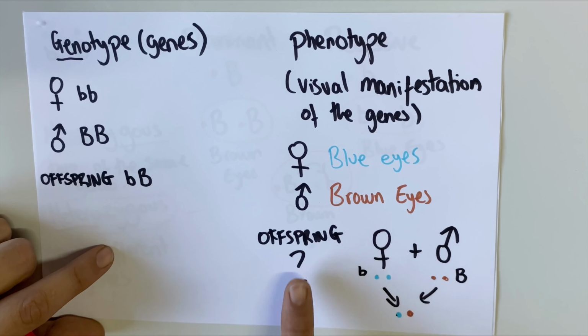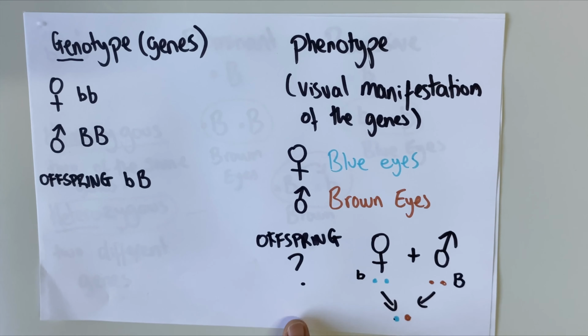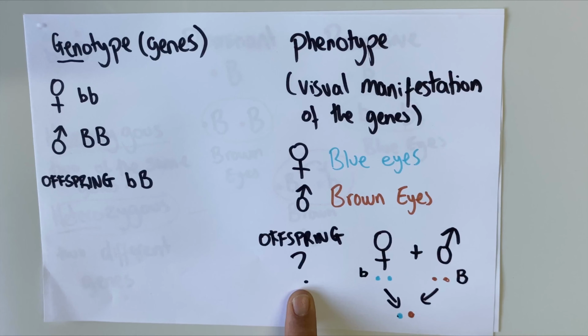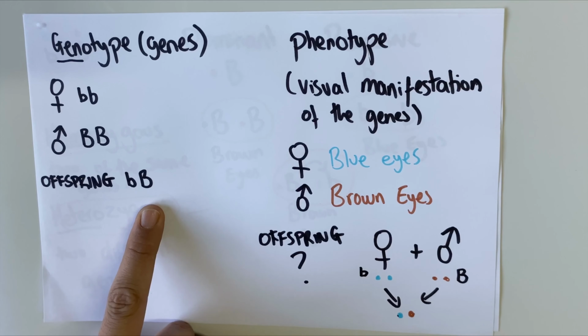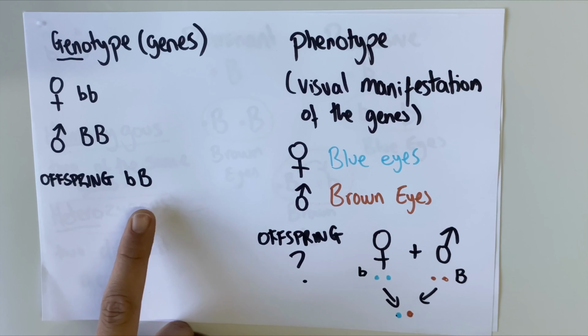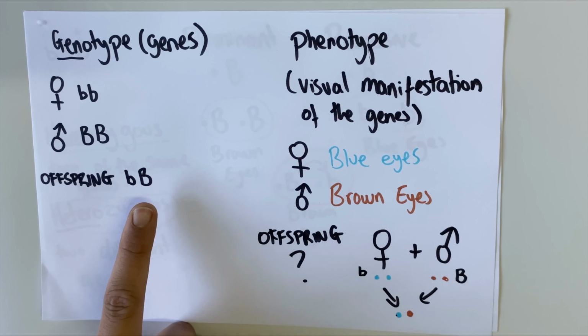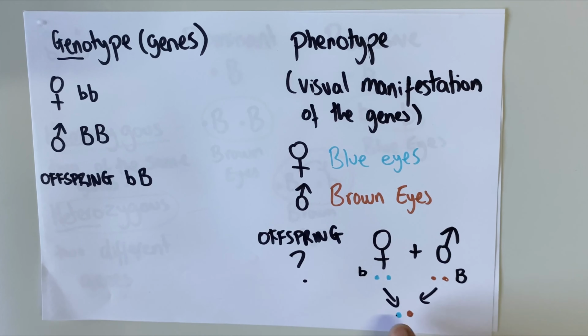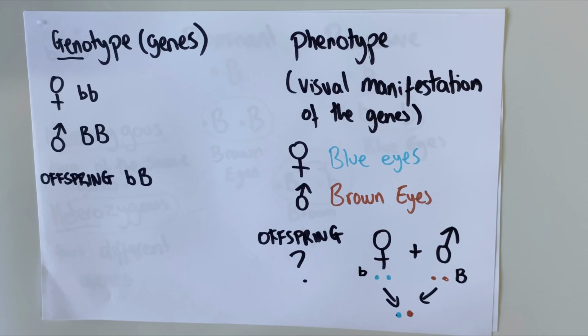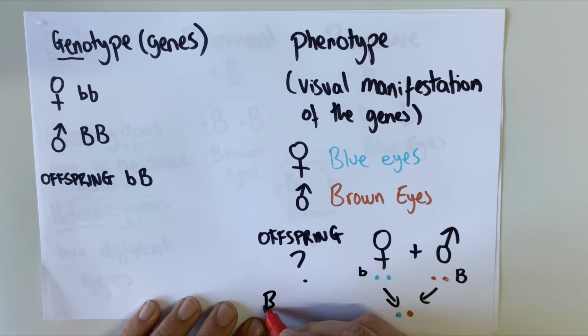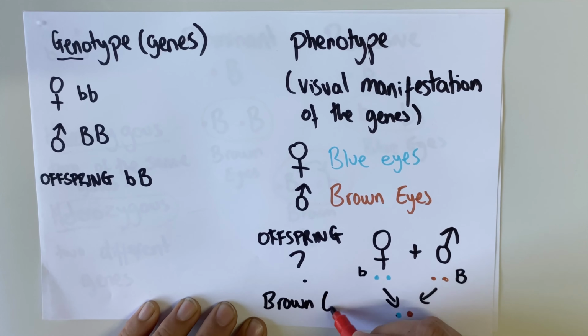And we can now work out that this offspring, because of its genotype, little b, big B, or big B, little b, doesn't matter which way around it goes, you can tell that that dominant big B is going to mask the little b. In this case, the brown is going to mask the blue. So the offspring, in fact, has brown eyes.